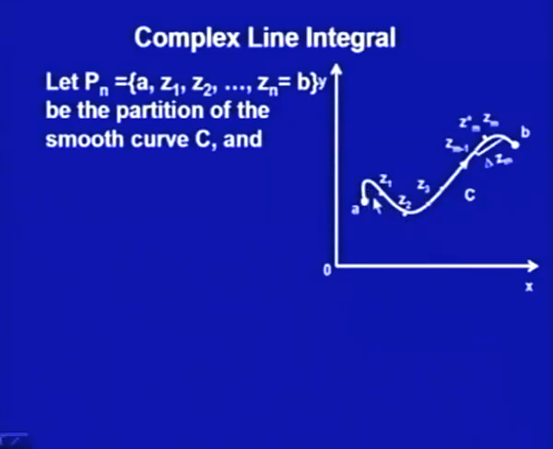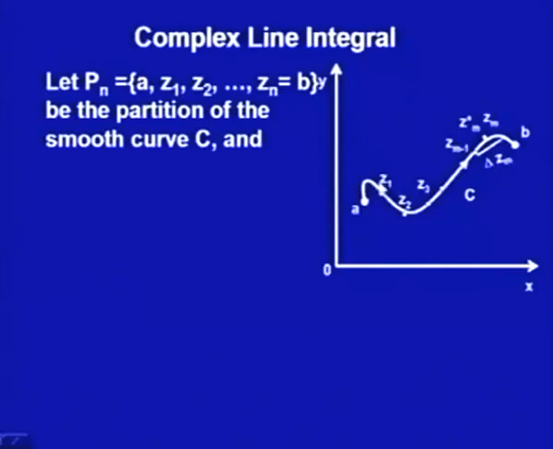Now let us take a point between Z0 and Z1, Z1 and Z2, like this. Between Z(m-1) and Zm, let us take any arbitrary point Zm star.